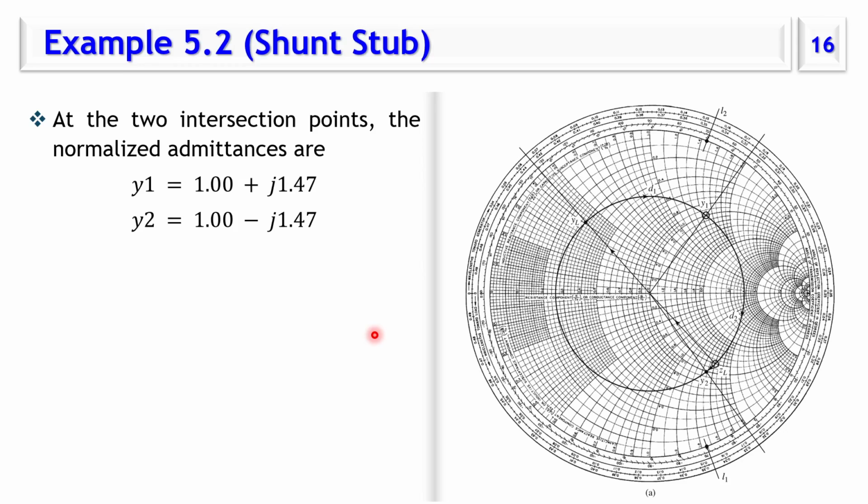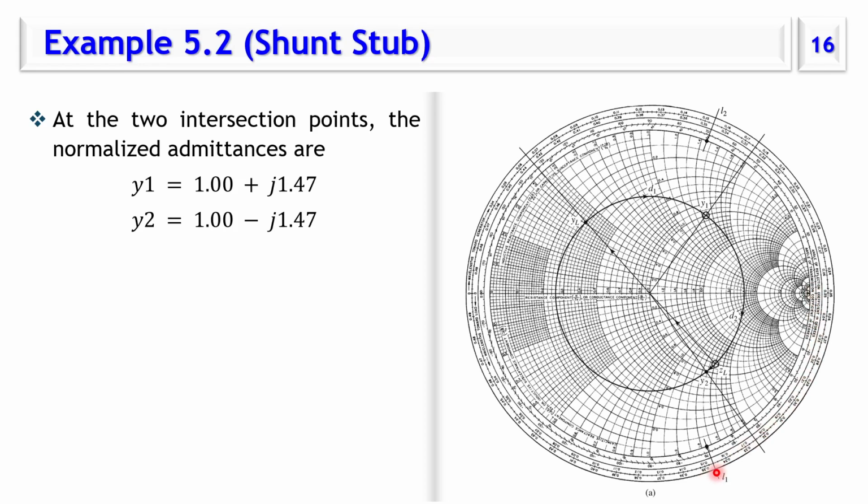Okay, sorry for that. So now to calculate the length of the stub, we're going to start from the short circuit. Short circuit for admittance would be this point. Short circuit for impedance would be this point. So we're going to start from this point and move to admittance of minus 1.47 for solution number 1, which is this length.